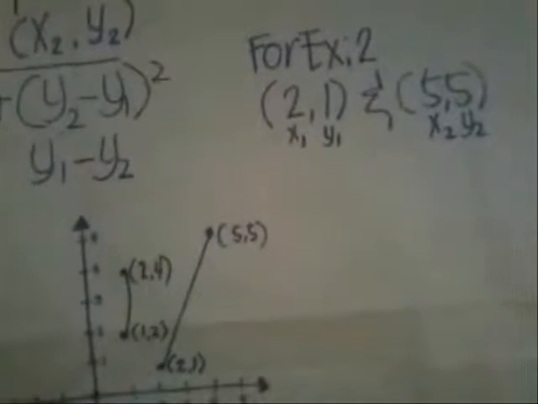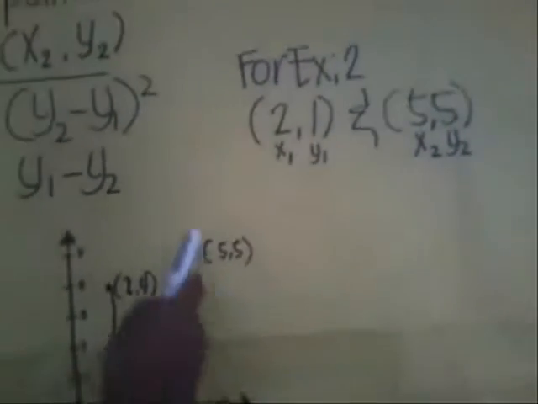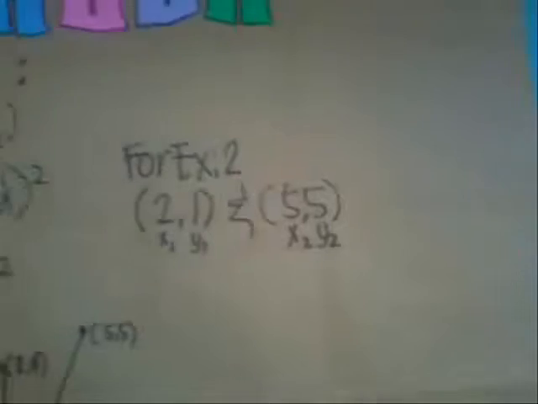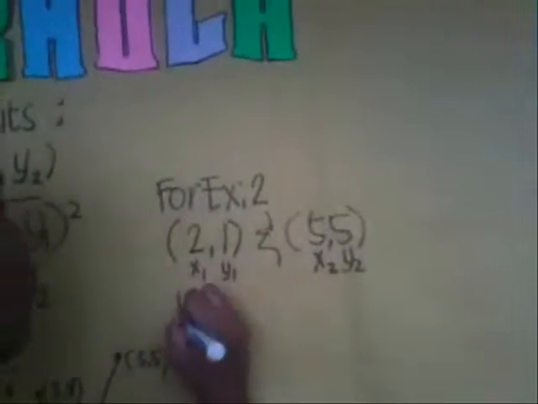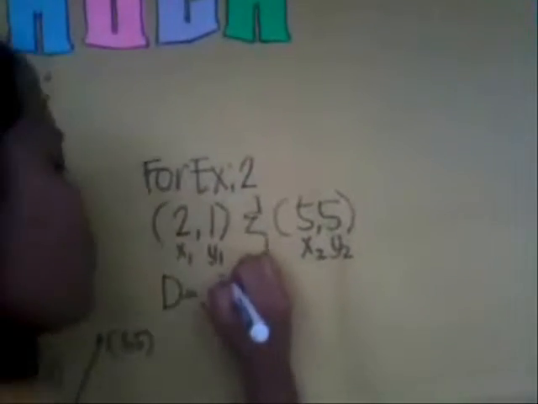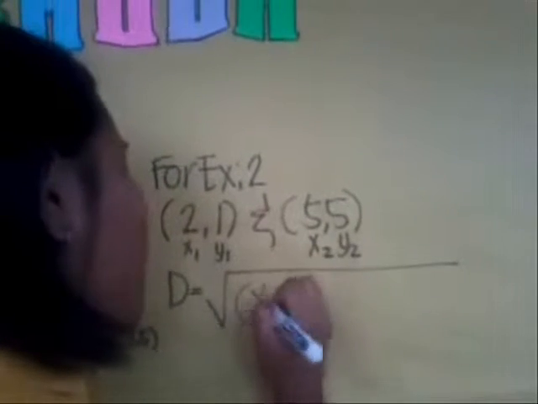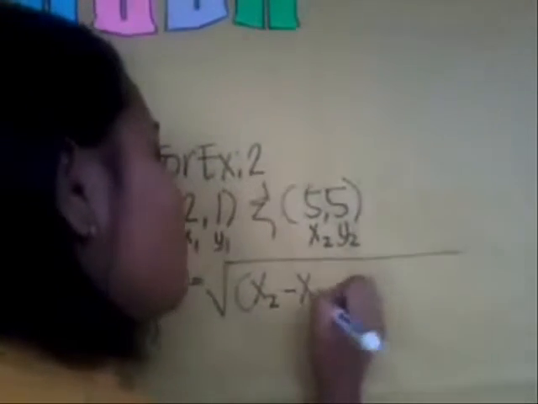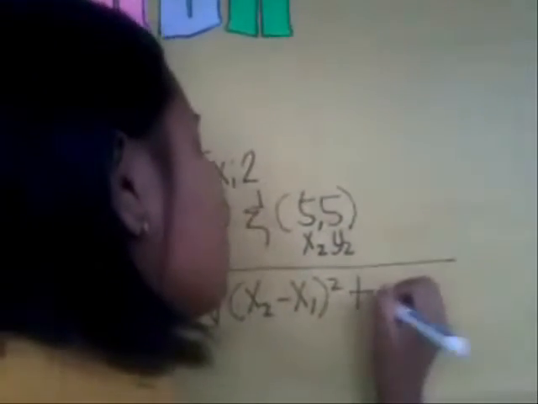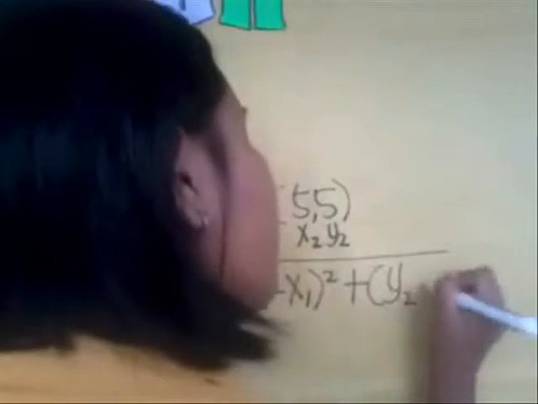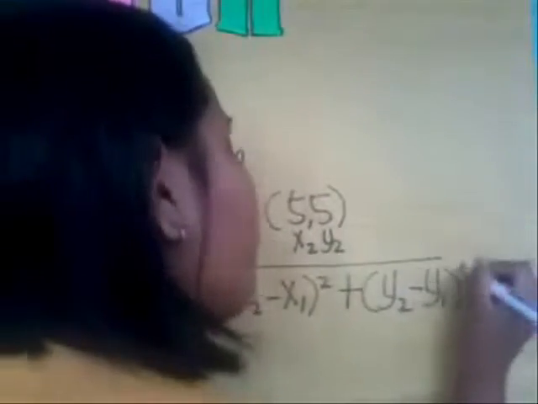After plotting, let us now proceed in computing the distance between these 2 points. Our distance formula is the square root of x sub 2 minus x sub 1 squared plus y sub 2 minus y sub 1 squared.